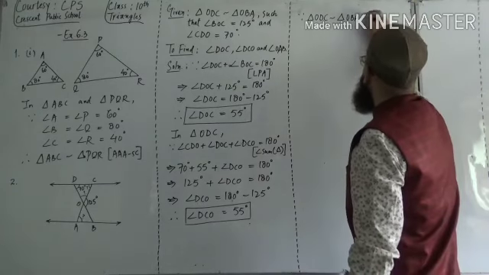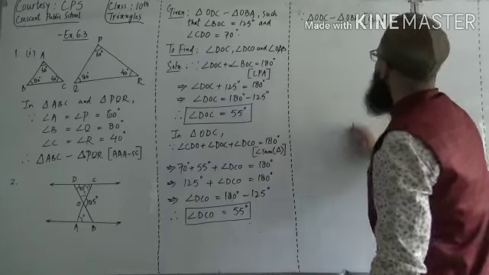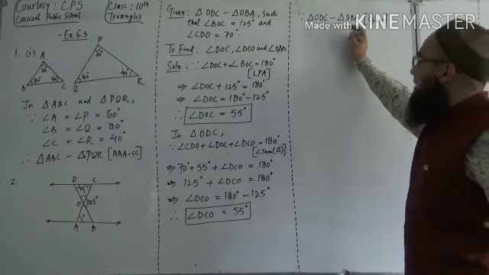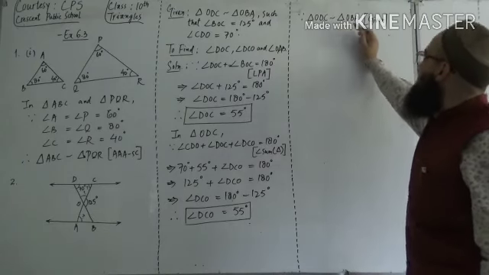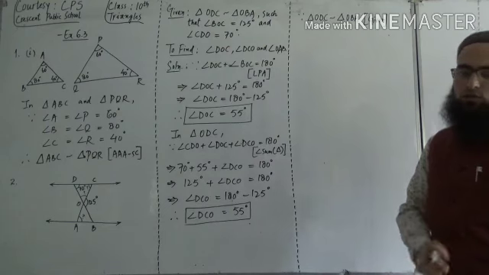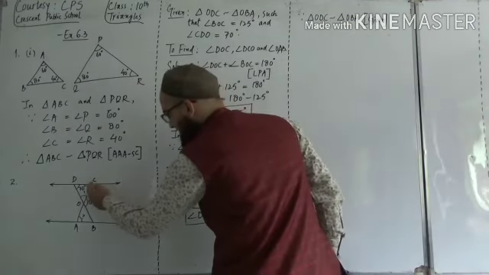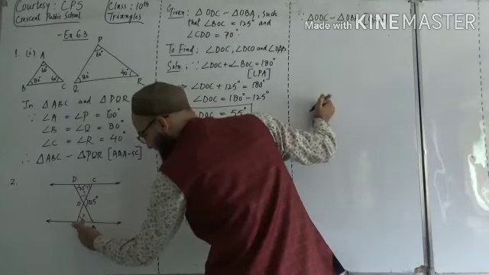It is given. We just learned, had it been the case that this triangle is similar to this triangle, then O is equal to O, D is equal to B, and C is equal to A. So C is equal to OBA. This C is equal to this A.